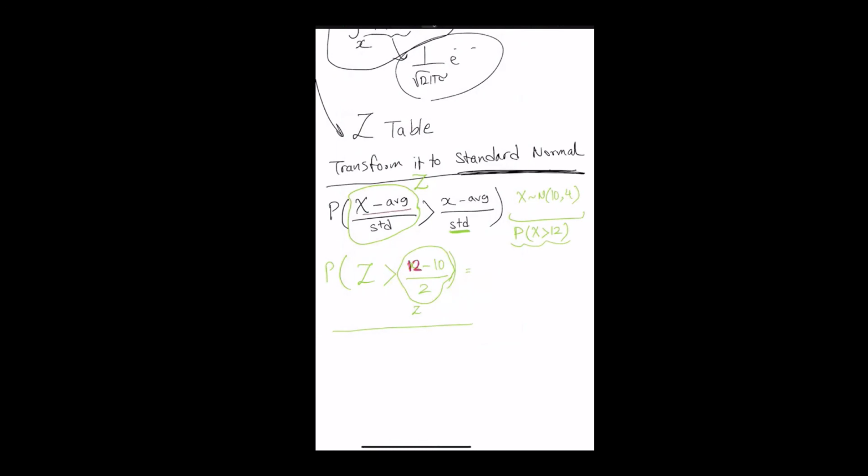X minus average divided by standard deviation is z, so 12 minus 10 divided by 2. And that is the probability of z greater than 1.